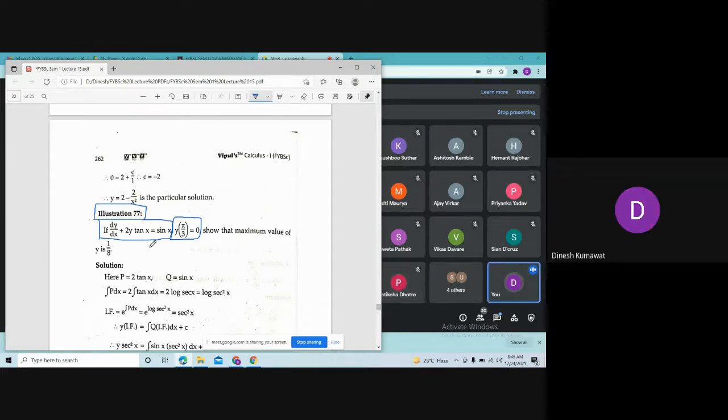So compare this with the standard form and tell me which one is p and which one is q.